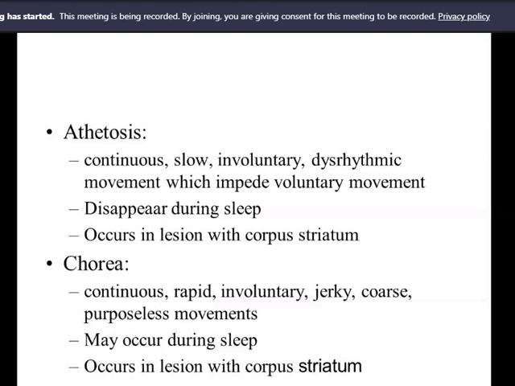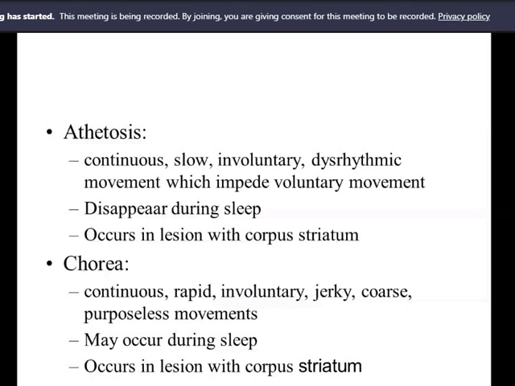Athetosis and chorea. Athetosis is continuous, slow, involuntary, dysrhythmic movement which impedes voluntary movement, disappears during sleep, and occurs in lesion of the corpus striatum. Chorea is continuous, rapid, involuntary, jerky, purposeless movement, and may occur during sleep also, and occurs in the lesion of corpus striatum.